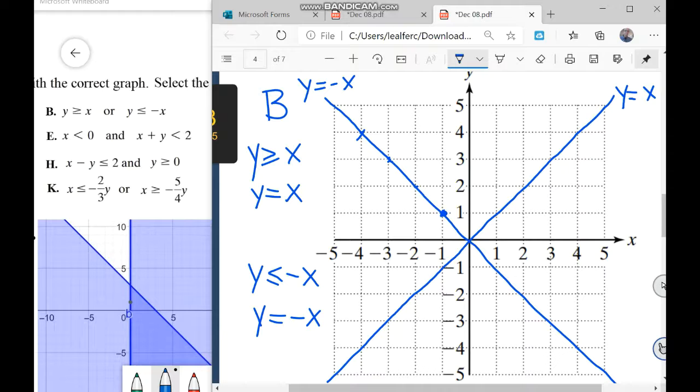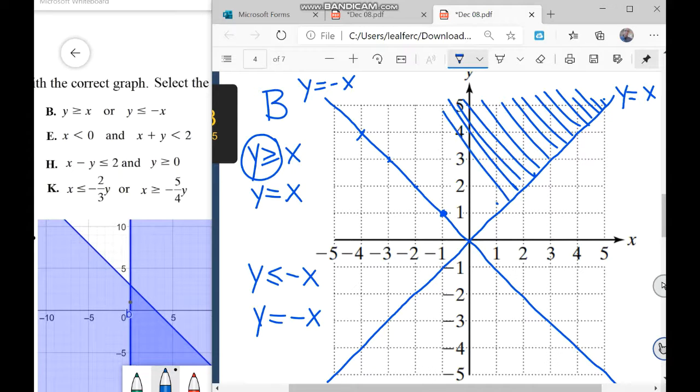The last step, shade. For the first one, y is greater than, so we're going to shade above the line. This is the line, let's shade above the line.